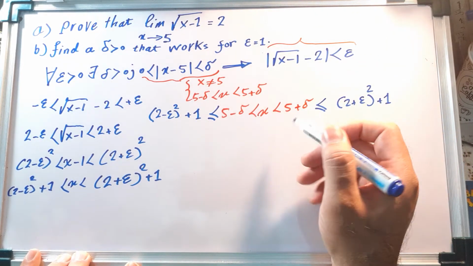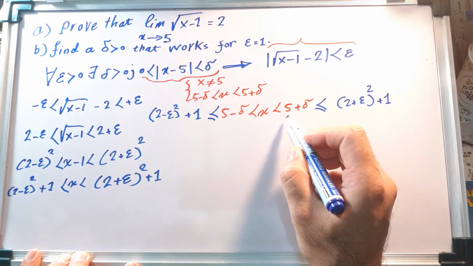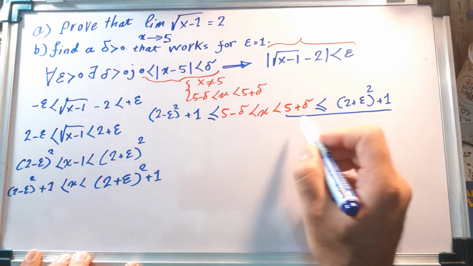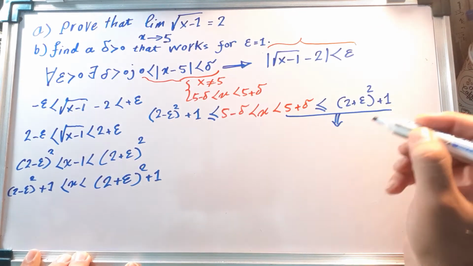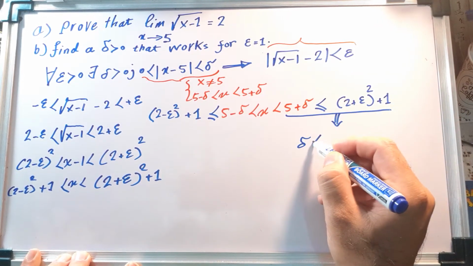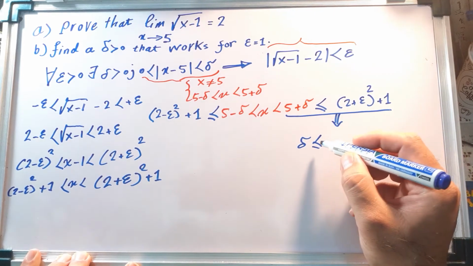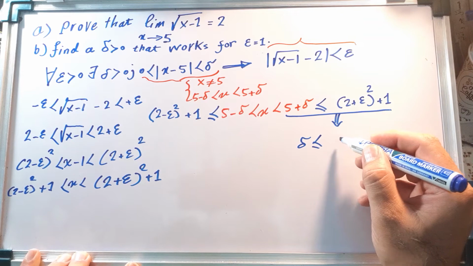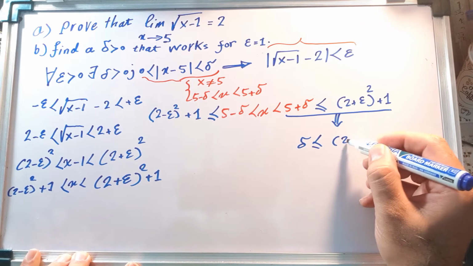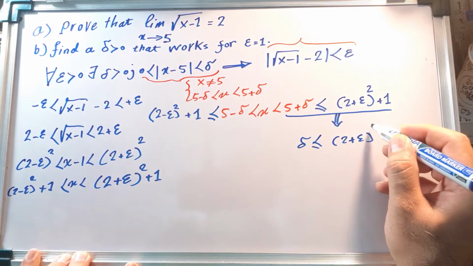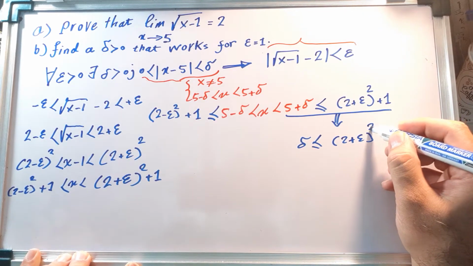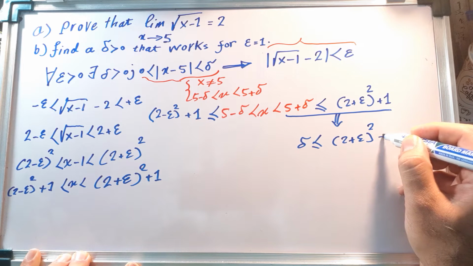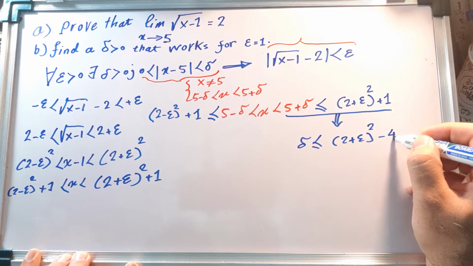And here delta is less than or equal to 2 plus epsilon to the power 2 minus 4.